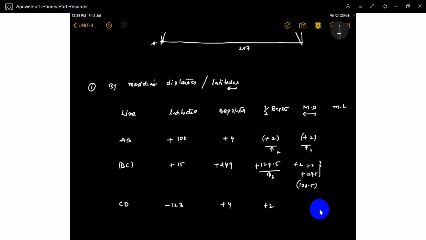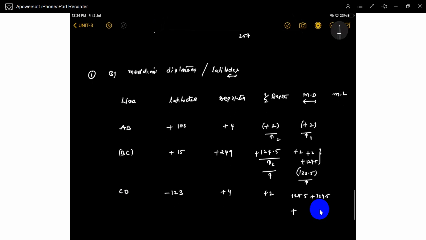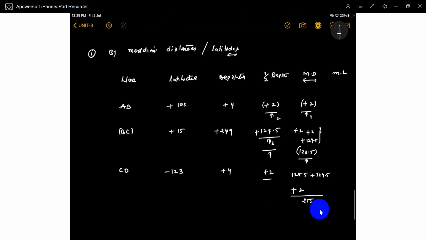So the meridian distance of the CD line is the meridian distance of the previous line plus half of the departure of the previous line plus half of the departures of the line itself. What is that value? 128.45 plus 124.5 plus 2, that is 255. Understood?